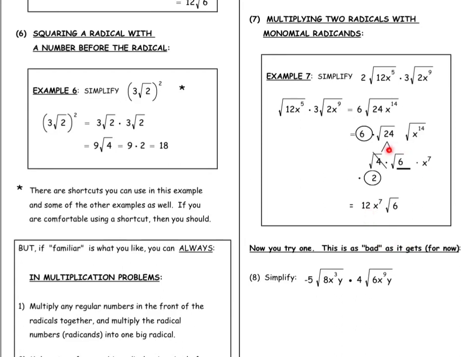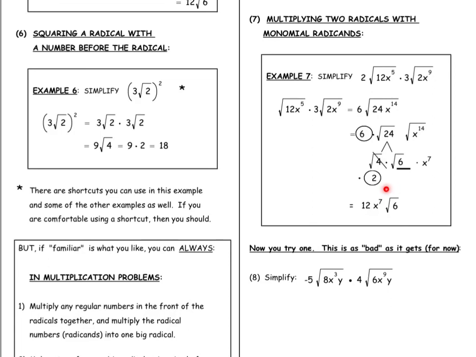And the poor widow rad 6 that's still in prison ends up on the end. So we reorganized it with the number that we started with, the number that came out of the radical, making a whole 12. The perfect x7 moving in front because it's better. Radicals go on strike. And the rad 6 that there's nothing we can do with, bad hair day for rad 6, is still over here.